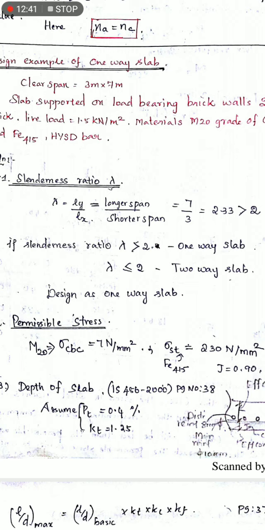That slab will be designed as one-way slab. If slenderness ratio is less than or equal to 2, then that slab should be designed as two-way slab. Here the slenderness ratio is 2.33. Therefore you have to design the slab as one-way slab.